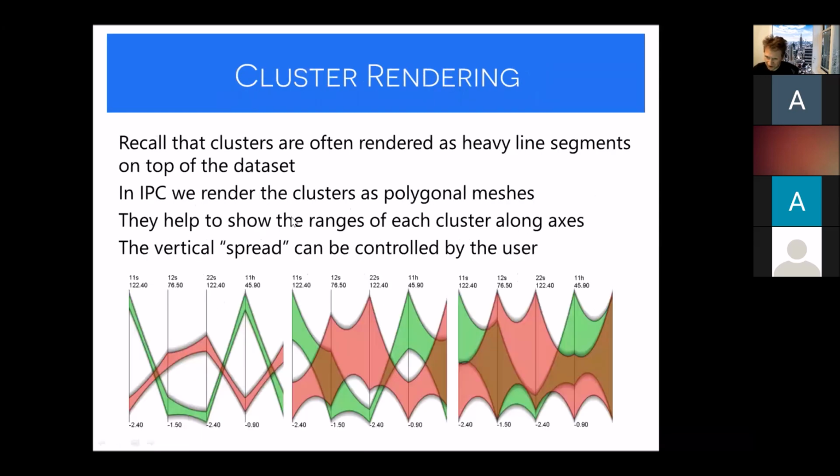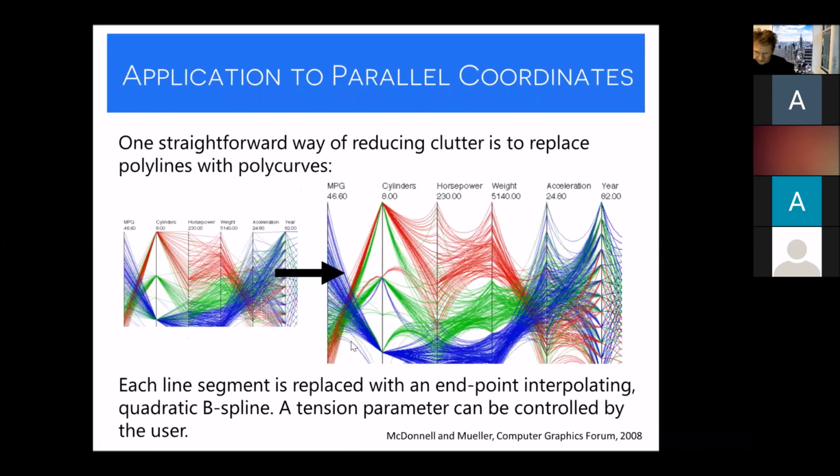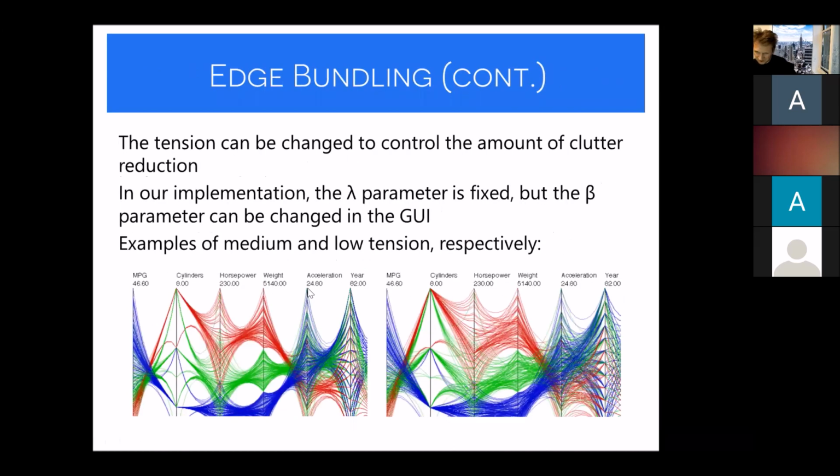So this is a really good way to make these things easier to see and recognize correlations and also recognize structure easier than this, right? This is really hard. This is the kind of stuff that makes people look away from parallel coordinates. But when you make it look more like this, people are more willing to look at it.